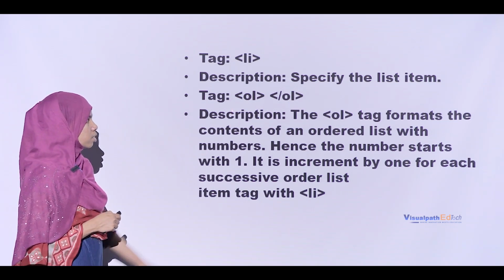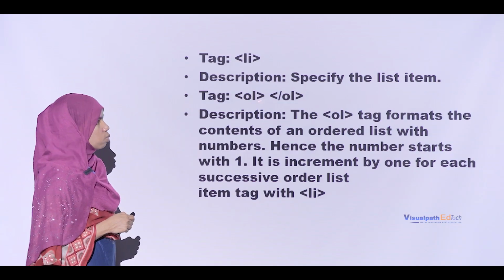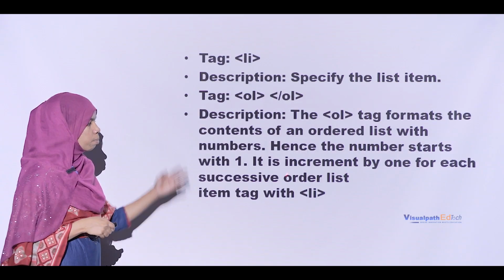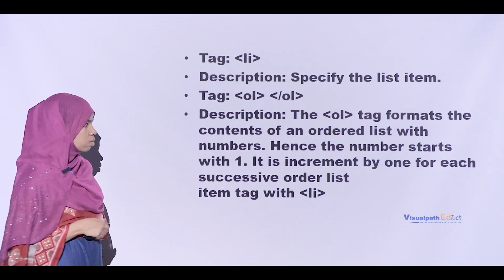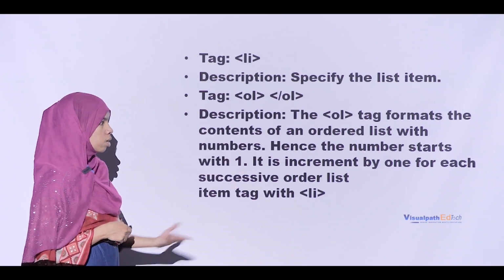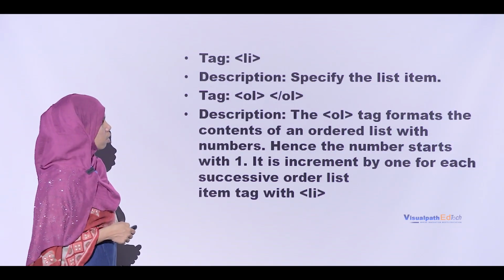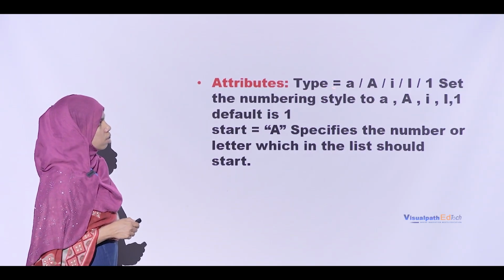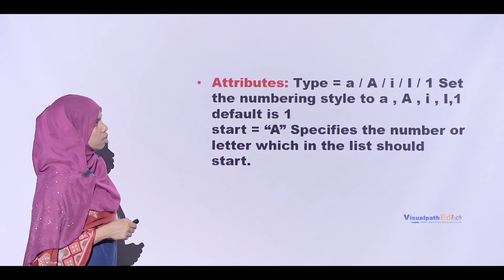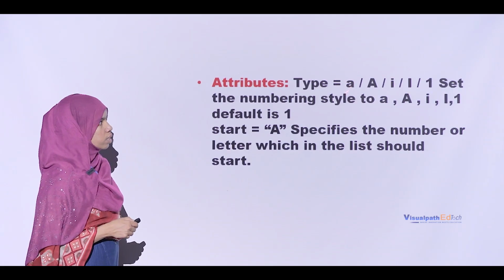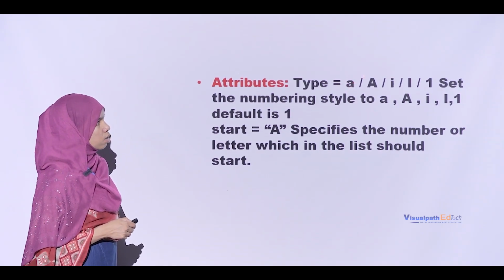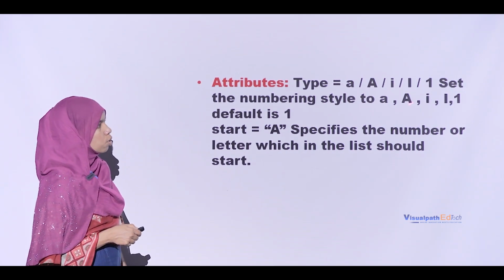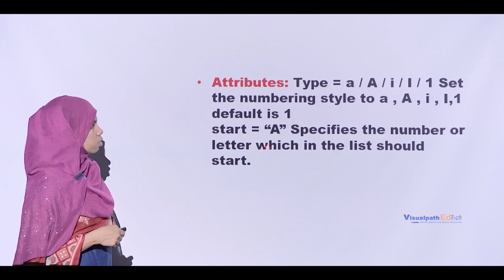Here we are considering the subtag OL, which means we are using the ordered list, and under that you will describe the list, with the numerical number 1 or with alphabetical order as ABC. These are the attributes: the type of ordered list you want to go with. It can be alphabetical order with a small letter a, capital A, Roman numbers, or numerical numbers; any of these you can include.